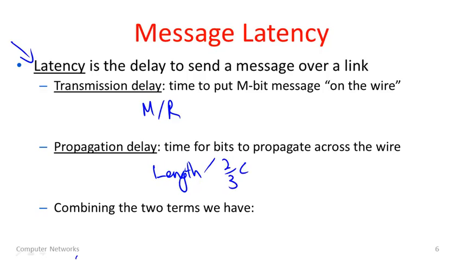For wireless, close to the speed of light is a better example. We'll refer to that as d, because we'll often be given the delay in seconds rather than as a length measurement in feet. So if we combine these two things, the latency to send a message over a link is m divided by r plus d.